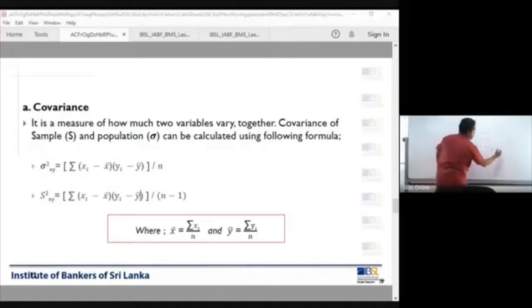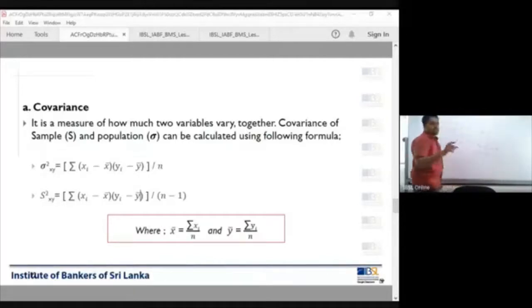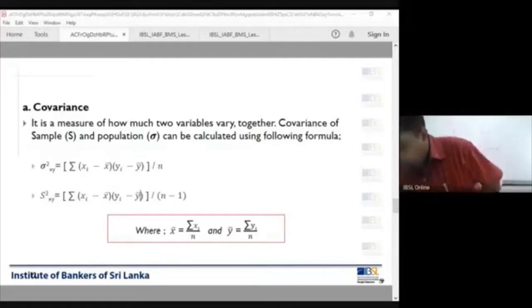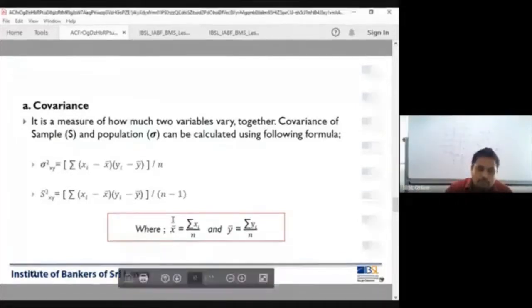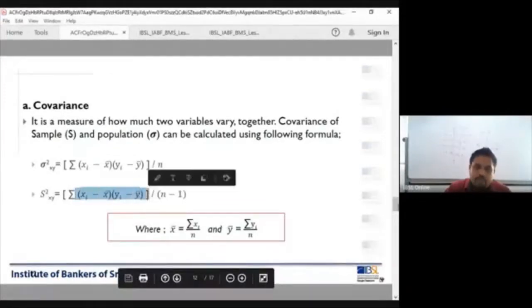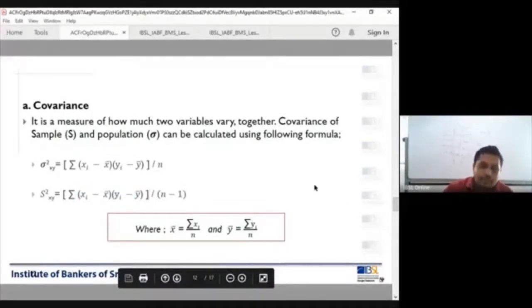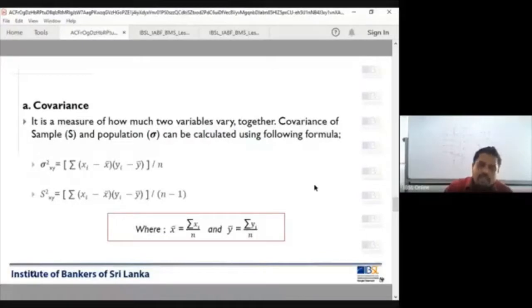The second would be plus 7 minus 3, multiplied by 3 minus 4, plus it goes like this. So this whole addition is the computation that you have to do under this section. Take the summation of those individual multiplications, divide by n minus 1, and that will give you the covariance.